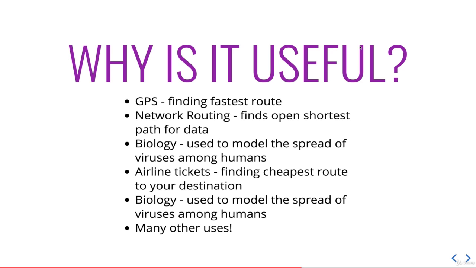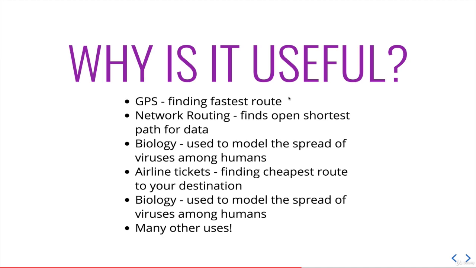But using a shortest path algorithm where it's optimizing for cheapest rather than shortest distance, you might end up flying across the world a couple times, and you might have long layovers, but the algorithm could figure that out for you. It looks like I put biology on here twice. Whoops, sorry about that. And many, many other uses, as we'll talk about as we go.